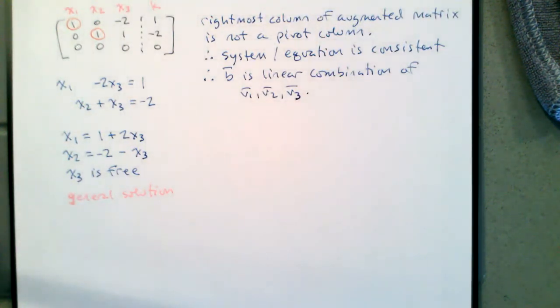So what this is telling us is that there are an infinite number of ways to write B as a linear combination of V1, V2, and V3.